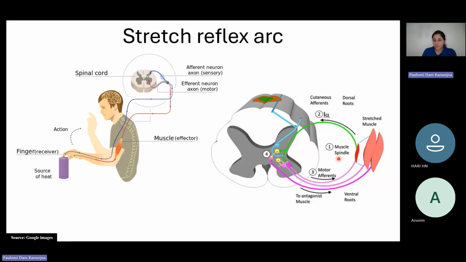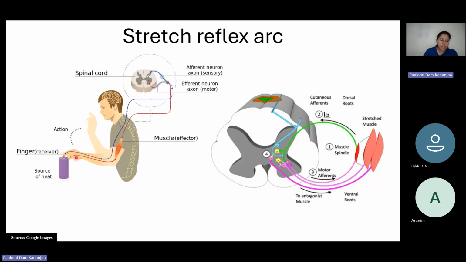Now, what all is involved in the stretch reflex arc? You have first the receiver, so it starts from here. The receiver is generally a muscle spindle. Your muscle is the one which receives the information. It uses the sensory receptors located within the muscles to detect muscle stretch, so basically any length changes.